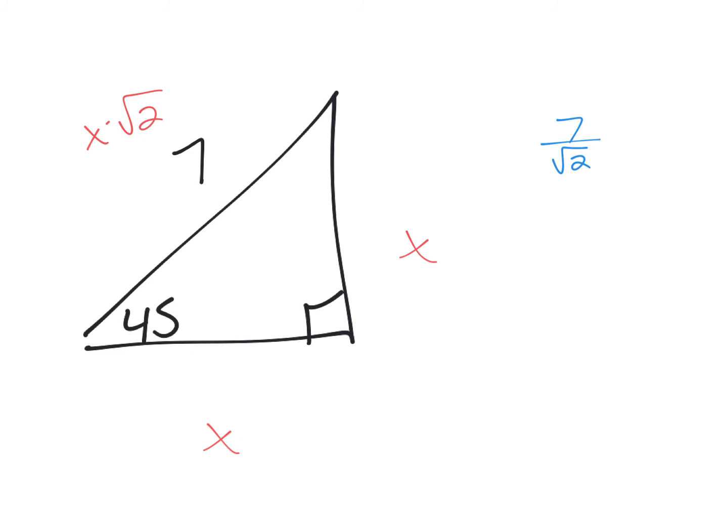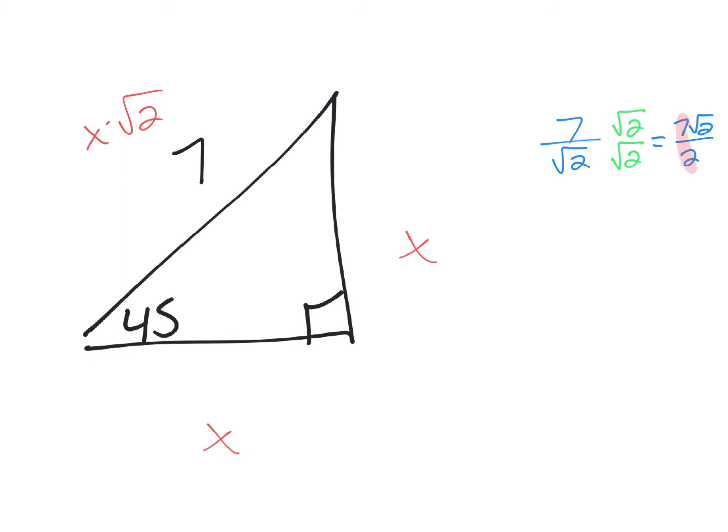How you do that is you multiply it by itself. And whatever you do to the bottom, you must do to the top. So then this would equal 7 square root 2 over square root of 2 times square root of 2, which is just 2. All right, let's check. Can we reduce this?